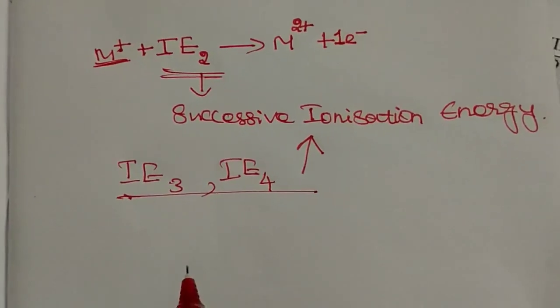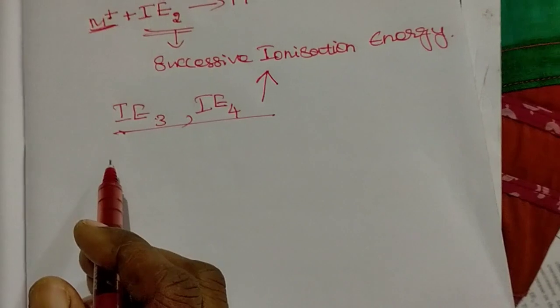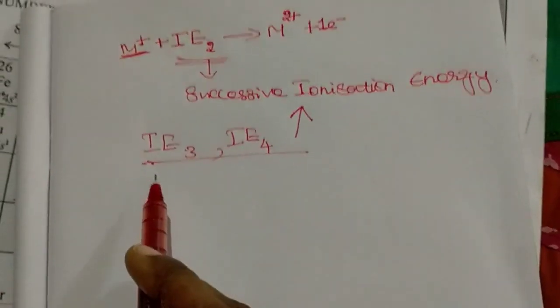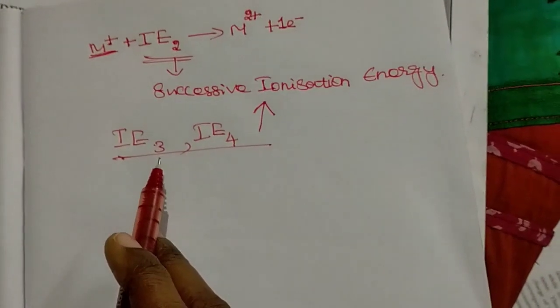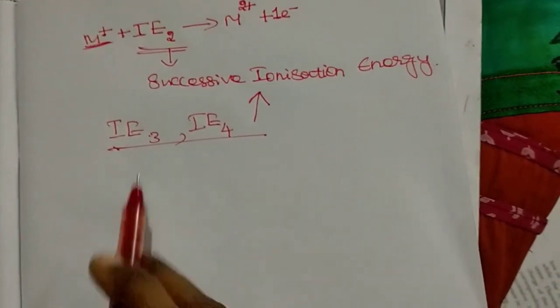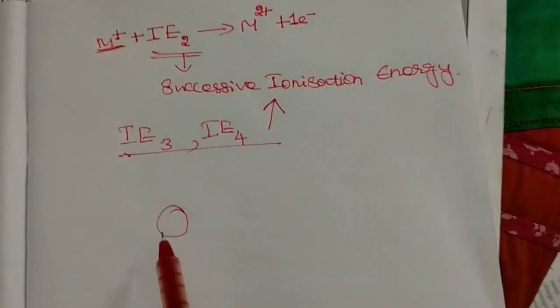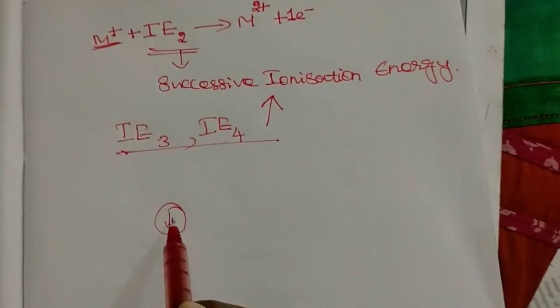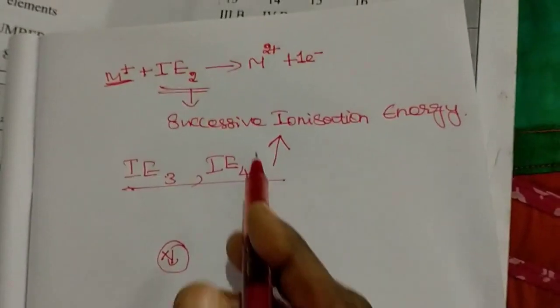Because of ionization energy, electrons are removed, but the positive charge in the nucleus, the nuclear charge, is not decreasing, because only removal of electrons is going on.